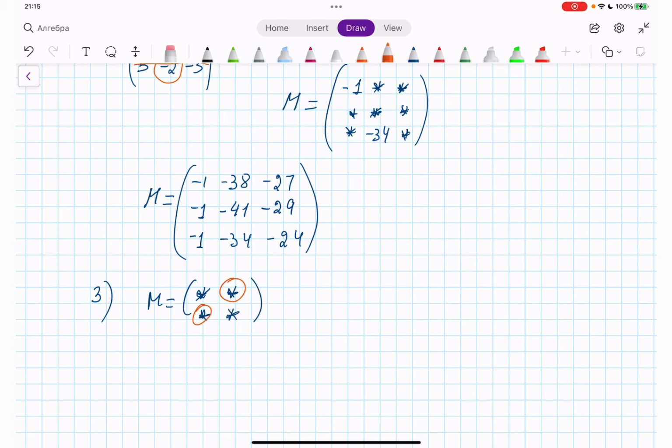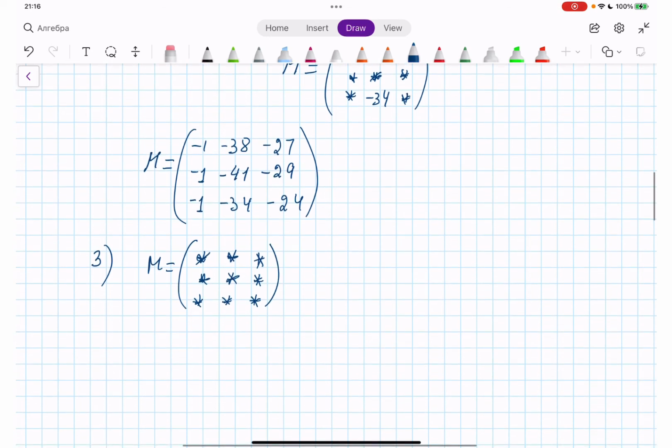But since we now have 3 by 3, we are going to change the sign strictly for the following elements.